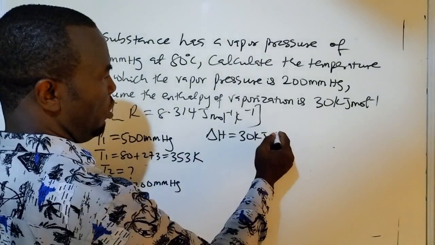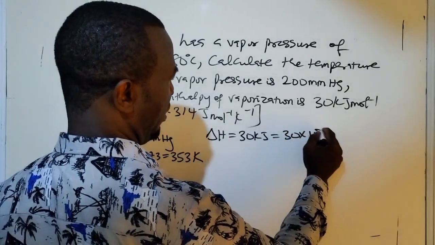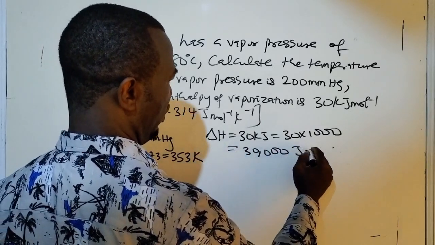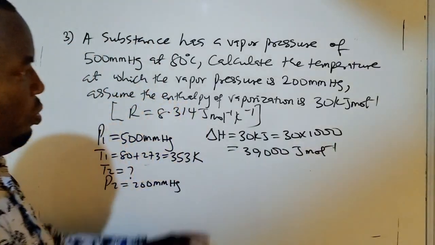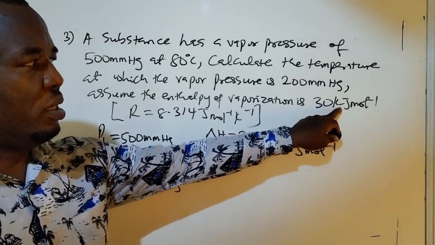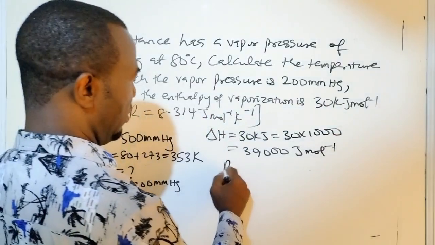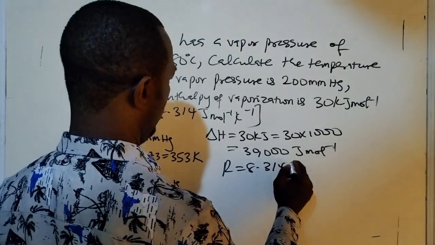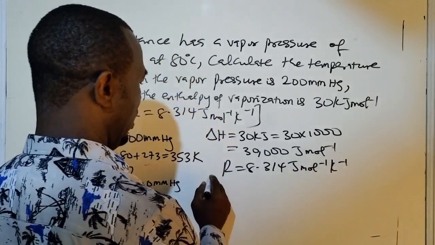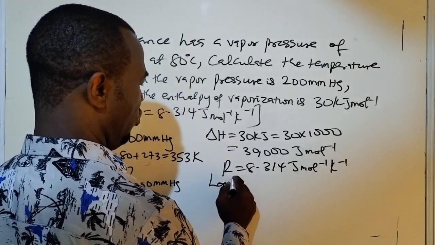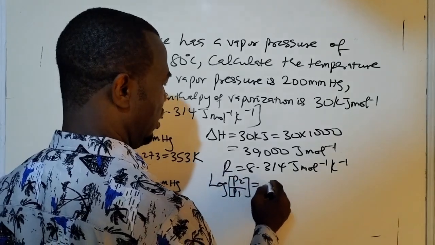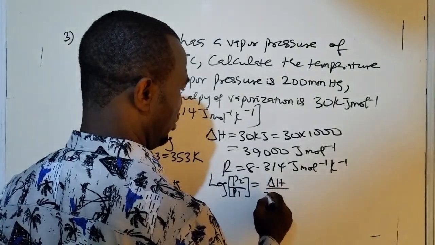Convert to joule, multiply by 1,000. You should know why I converted to joule. I did this in the previous example. This is in joule and this is in kilojoules, so I had to make them the same. So our R is 8.314 joule per mole per Kelvin. So we'll quote our Clausius-Clapeyron equation. That gives you this. That's what you need to solve this.